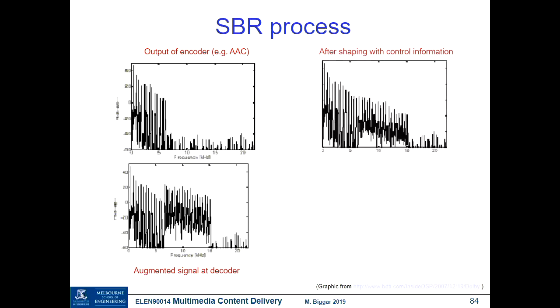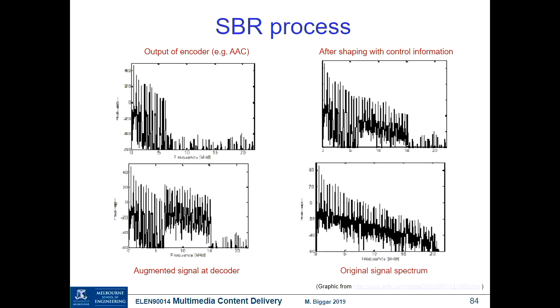Then we apply the shaping information, so we end up extending this low pass signal out to something like twice the bandwidth or more, and comparing it with the original, we haven't got all the very high frequencies in this case, but we've been able to approximate this missing part of the spectrum. Does that make sense? Yeah?